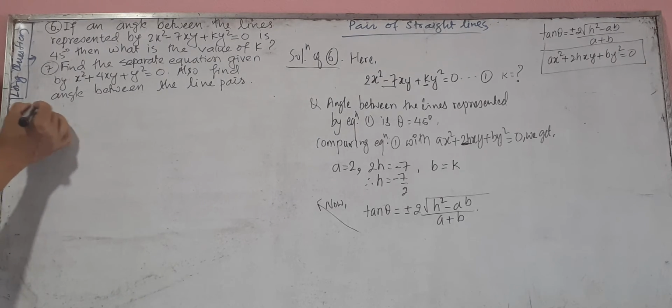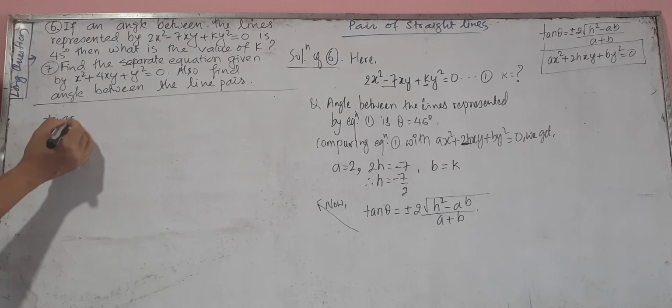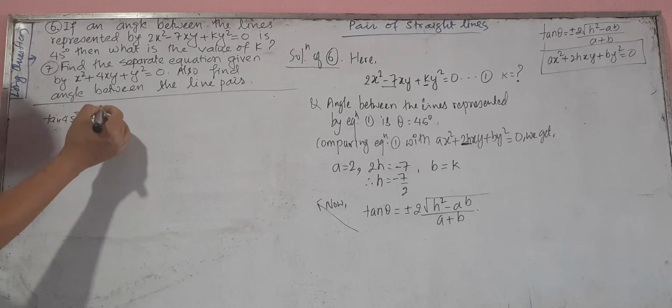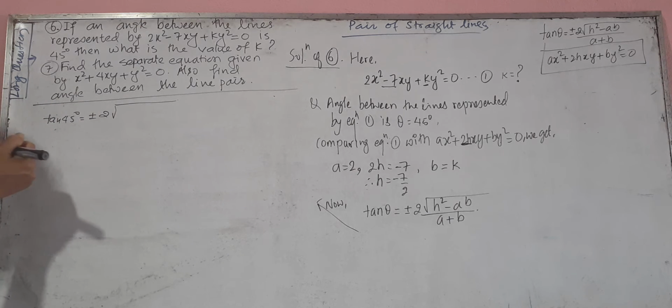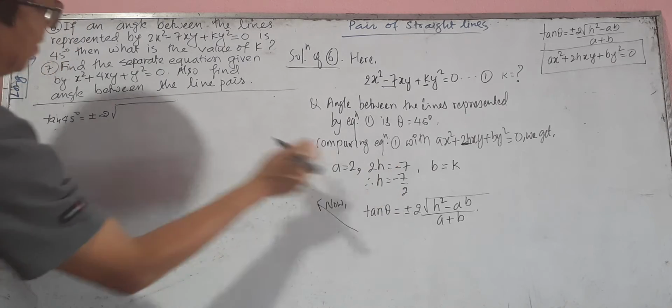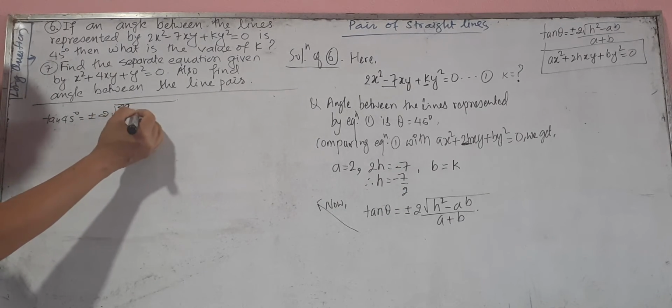Now putting the values, tan 45 degree equals plus minus 2 root over h square minus ab. h is minus 7 by 2, so h square is the square of minus 7 by 2, which is 49 by 4.